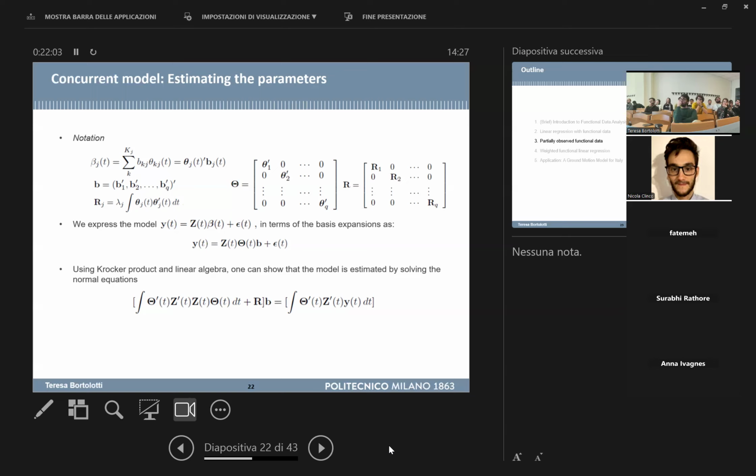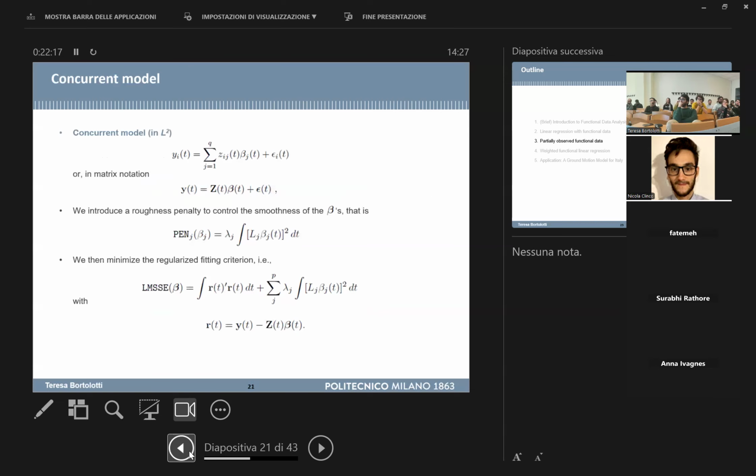And what you really estimate is the vector of coefficients with respect to this basis function. This is a super general notation. You need to estimate, sorry, Q parameters, okay?